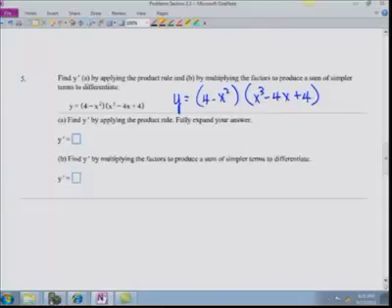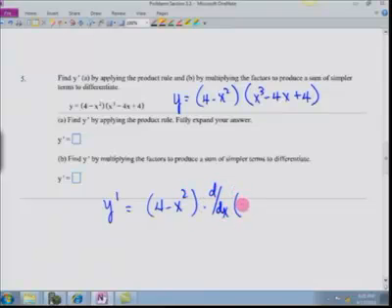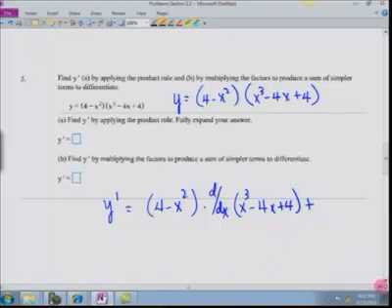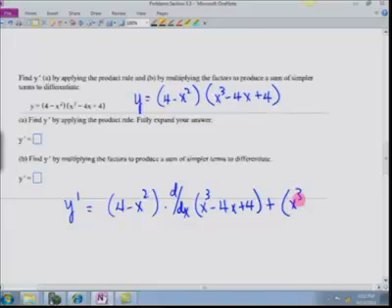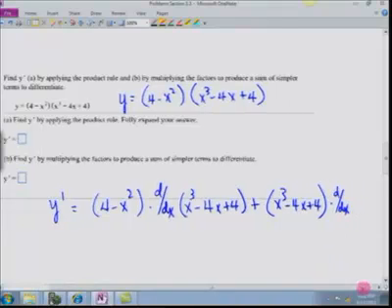So, y prime. Okay? I would say top times the derivative of the other one, the second one, sorry. I said top. Plus the second times the derivative of the first one.